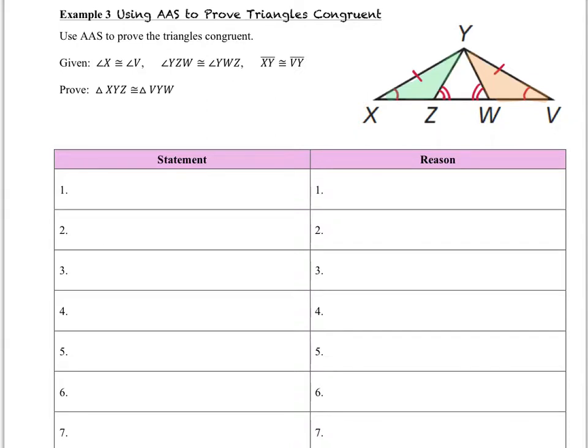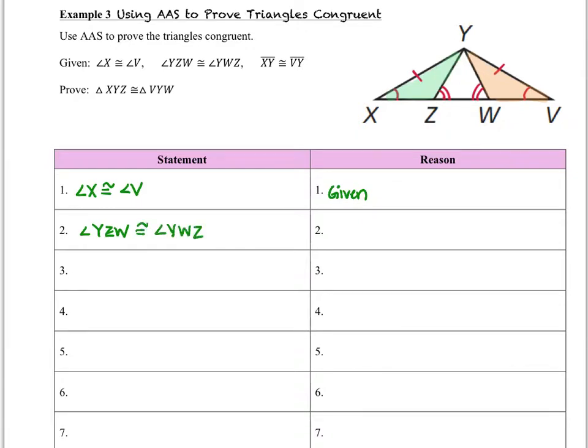For example, if we're trying to use angle-angle-side, let's go ahead and write in our first angle that we know about, and that is the one that was given to us at the very beginning, and that's angle X is congruent to angle V, and of course our reason for that is given. Now, we also have another piece of information about the other two angles that are congruent in our diagram, so let's write that in.